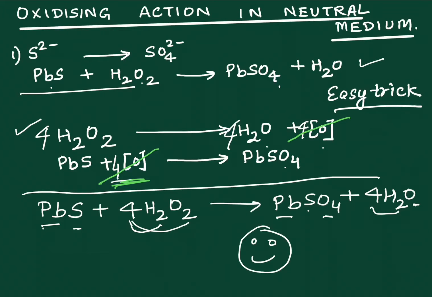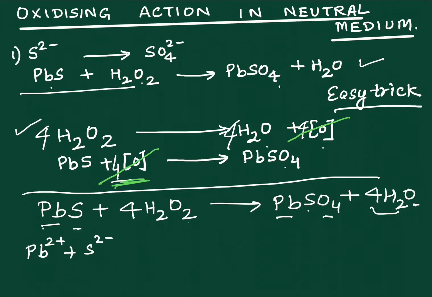Let's suppose you have to write the ionic equation for this reaction. Okay, I'm going to give you a hint over here. Break it down. Pb 2 positive, S 2 negative, 4H2O2.